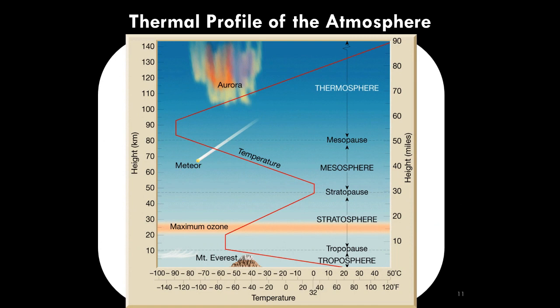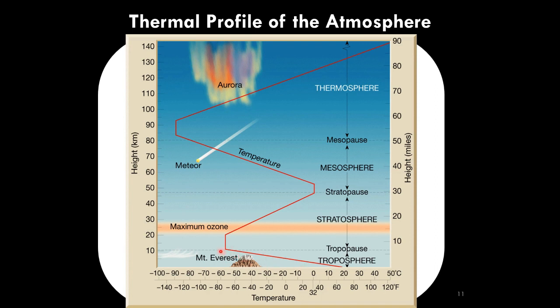So for the thermal profile of the atmosphere, in the troposphere, temperatures typically go down the higher you go. So the temperature gets colder the higher you go, since most of the heat found in the troposphere is generated by the transfer of energy from the Earth's surface.